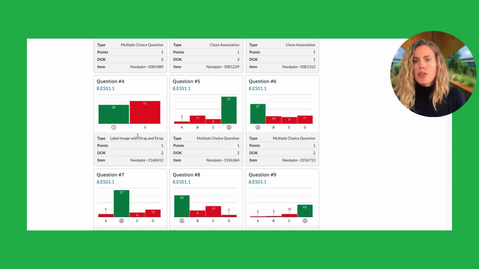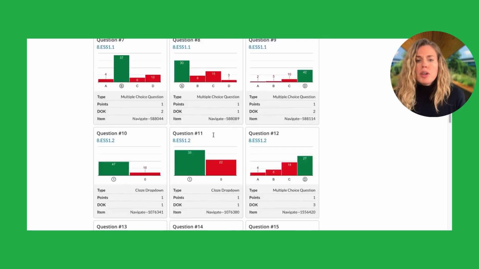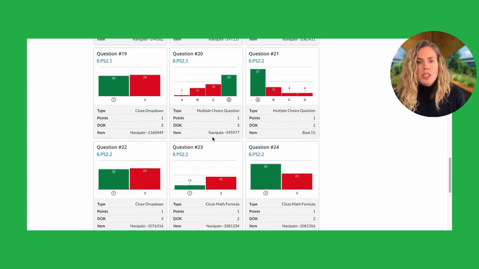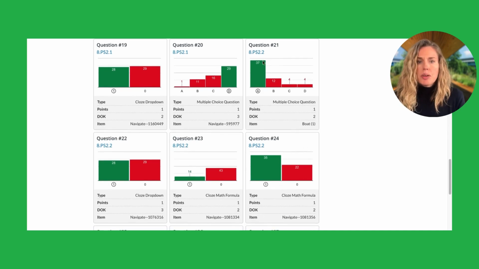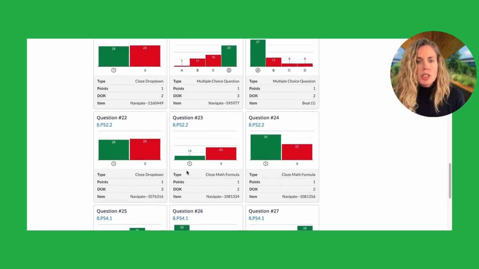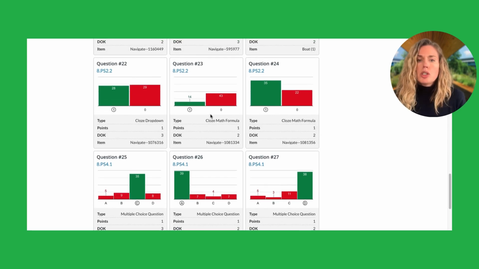I see question 4 has a really high miss rate, so I want to analyze that. And then I'm going to do the same exact thing for PS 2.2. It's organized by standard here, so I'd look through each of these and see where we had high levels of misconceptions. Again, I see question 22 is probably a flag for me. 23 is a flag. So you're going to look at those questions, and that's going to help you start to look at your know-do chart and create that.